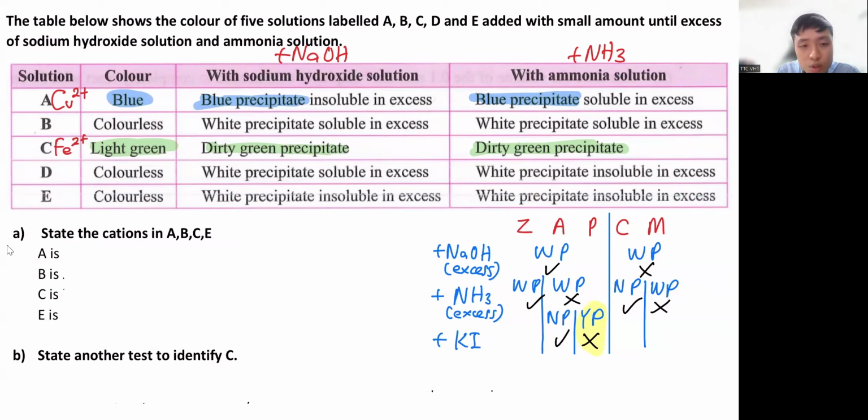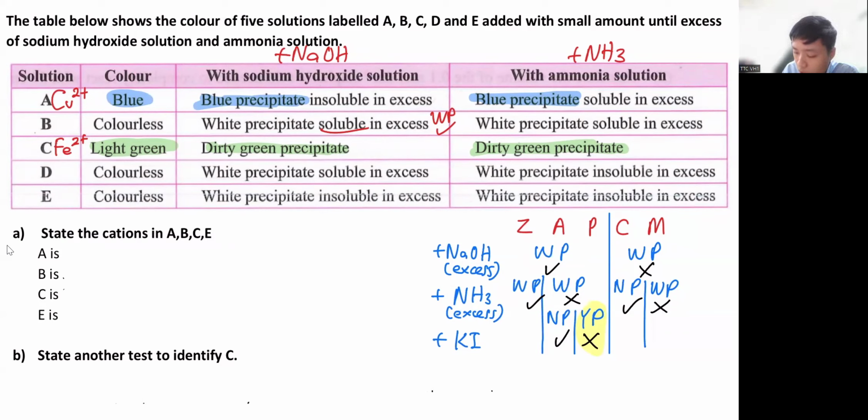After that, B, D, E to confirm. B: white precipitate soluble in excess when I add NaOH. So there are three possibilities: zinc, aluminum, lead. I cannot get the exact answer yet.